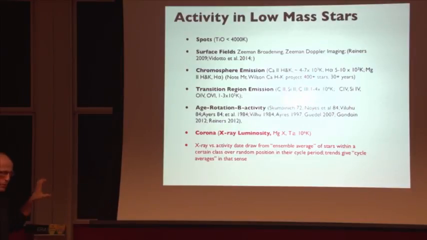So if you're plotting the luminosity of a population of stars and then making an overall curve, each star that you're picking from that sample is at some random position in its cycle period. And so effectively any trend that you want to predict is an ensemble average over many stars and over random positions in any of the cycle periods. So that's actually a kind of simplifying theoretical concept, as you'll also see.